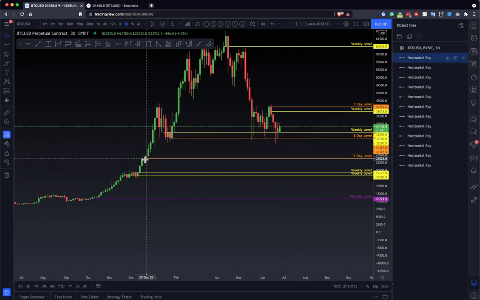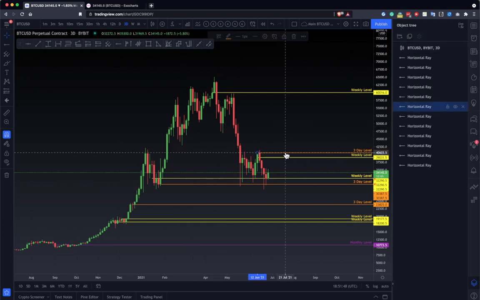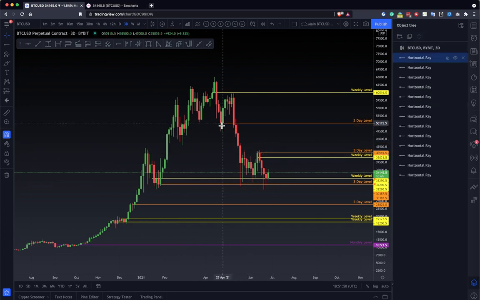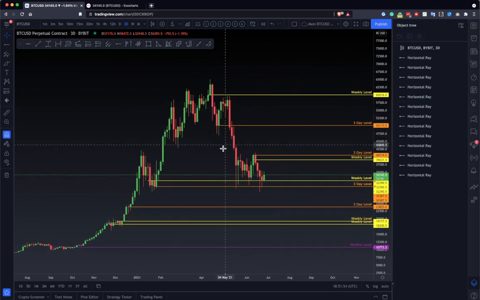So I have another 3-day level here. So the price went through this level, but when it comes back above, I expect a reaction at least on this one, which seems to be a very strong level. Yeah, I will explain more why I feel that's a very strong level.